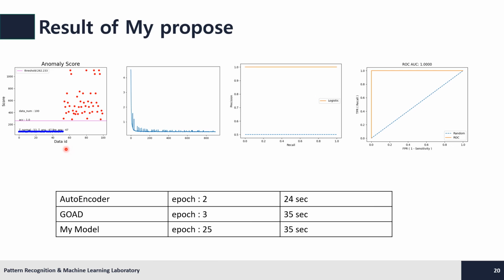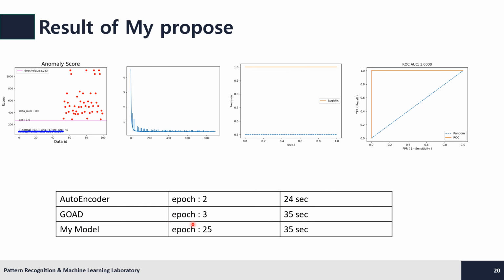For the injection dataset, my dataset, the autoencoder without data transformation took only 2 epochs for the test dataset until the F1 score became 1, and it took only 24 seconds for 25 epochs.